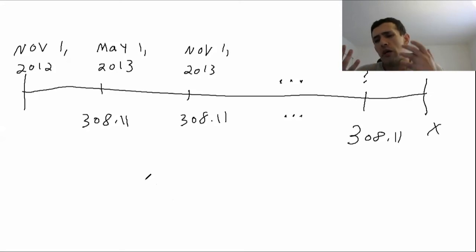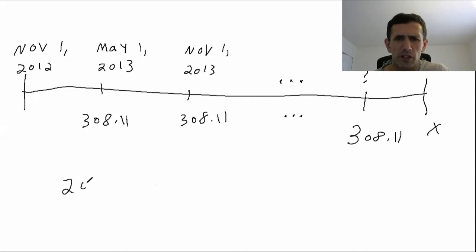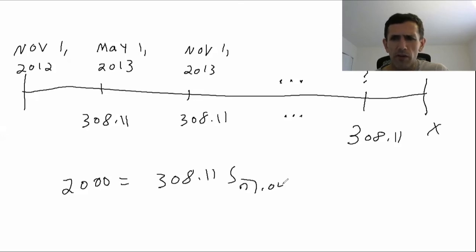a previous problem a few videos ago, where we don't know how often we're making deposits. I think that was basically how we did a problem like this. So we're going to set up the equation 2,000 equals 308.11 s angle n at 0.045.